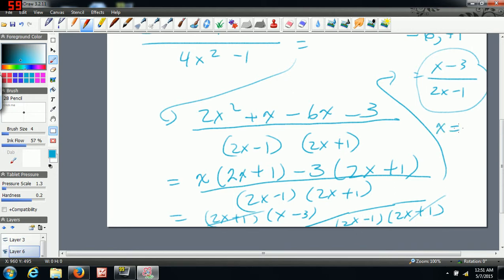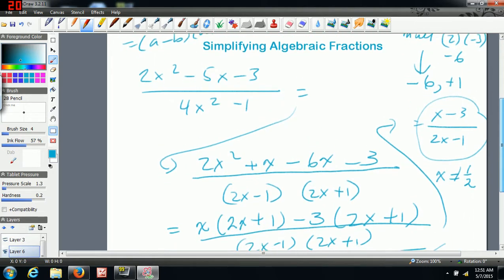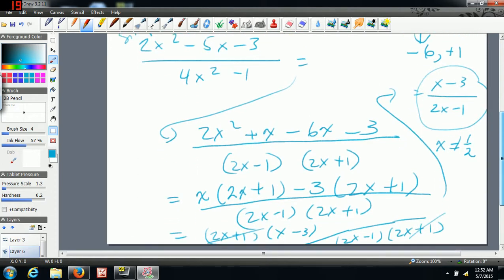My restriction would be that x does not equal 1/2, because that's what would make the denominator equal to 0. Okay, so that's how we would do that question. That's a really good one to try out. The question would just ask you to simplify something like this, and that's how you would do that.